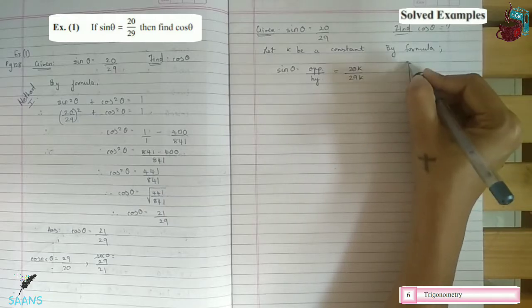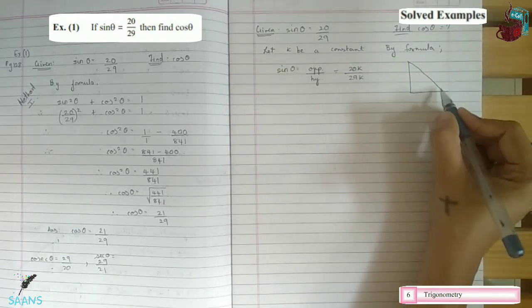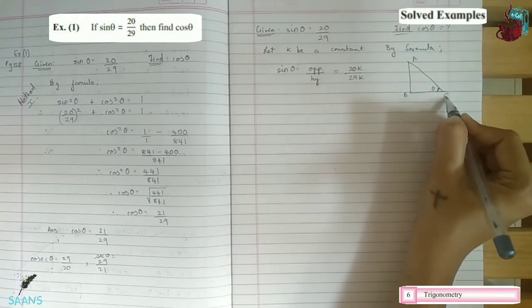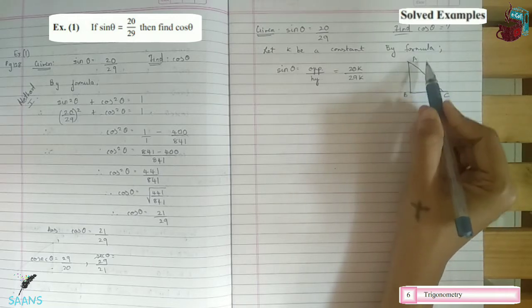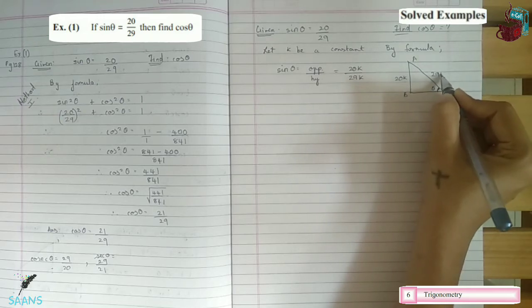Why are we taking k? Because you cannot take the number directly. Suppose this is theta, this is A, this is B, this is C. So sine theta is opposite upon hypotenuse, 20k upon 29k.